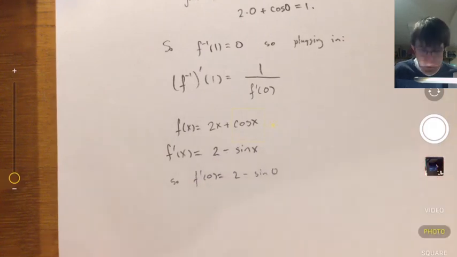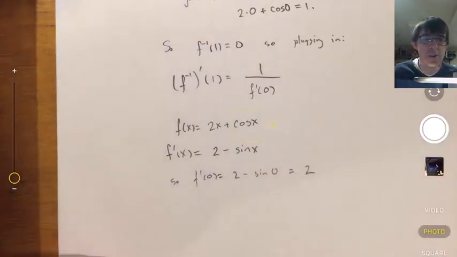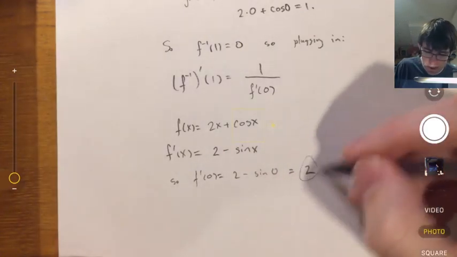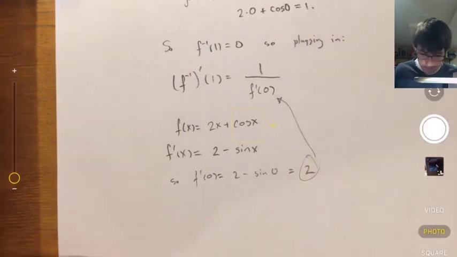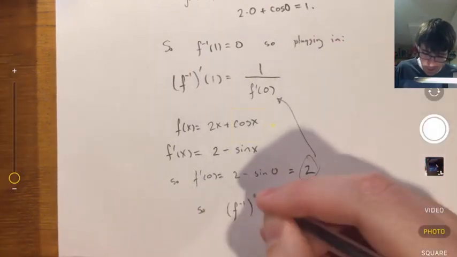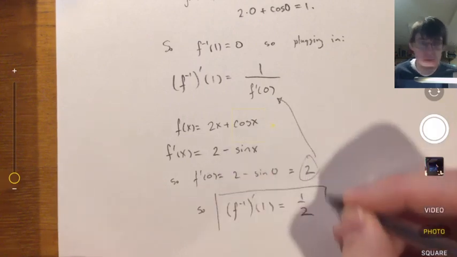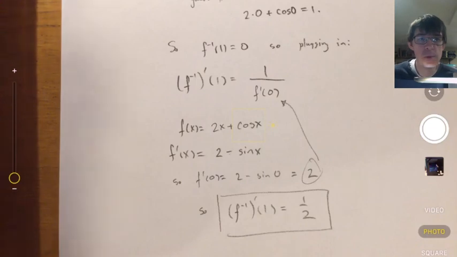Sine of 0 is 0, so this is just 2. And so my final answer goes right there. In conclusion, f inverse prime of 1 equals 1/2. There you go. This is using that weird formula to find the derivative of the inverse.